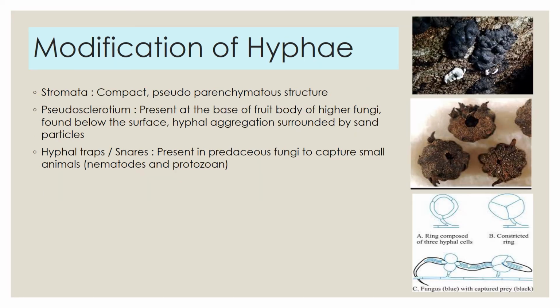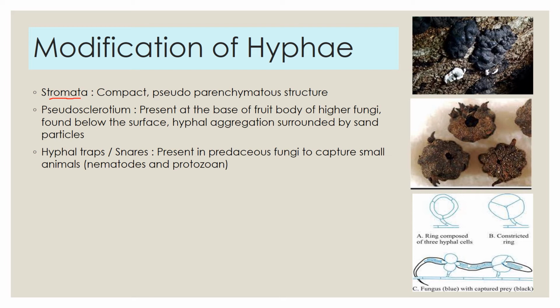The other modification of hypha or mycelium is the stromata. This is a reproductive unit. When the sclerotium that we discussed in the last slide germinates, it first forms a stromata-like structure, and then it forms a mycelium.